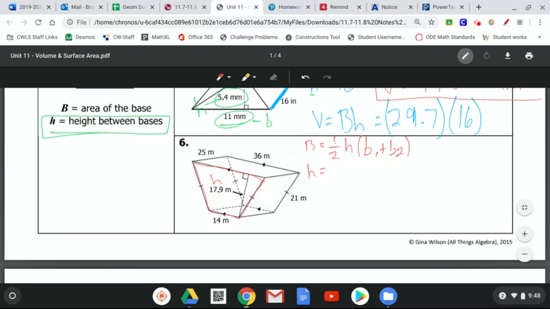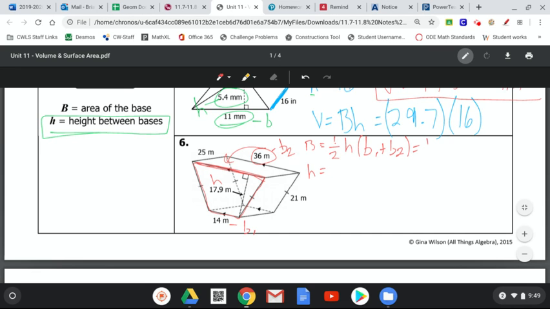That's going to be our height. Then we have to figure out the two bases. Well, we know 14, since I outlined that figure, is going to be one of our bases. Our other base is 36, which is also going to be that length right here. So 36 is going to be our base 2.